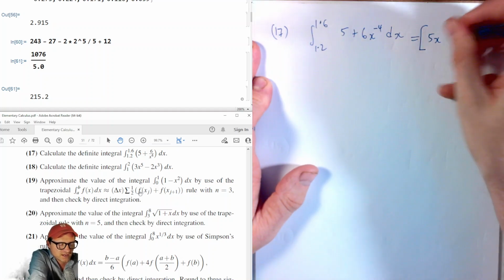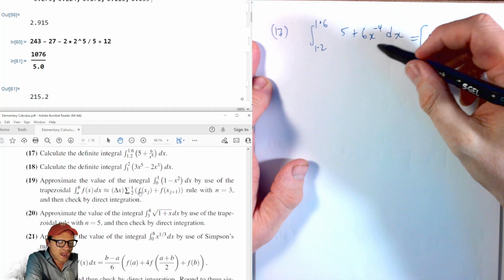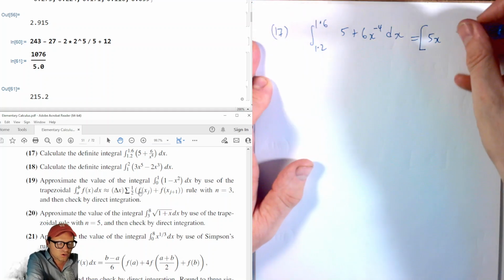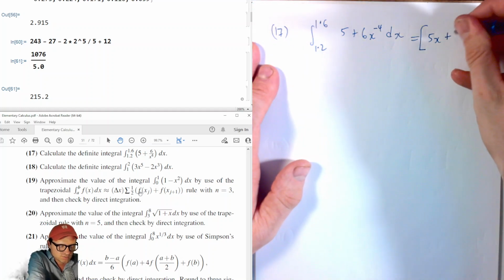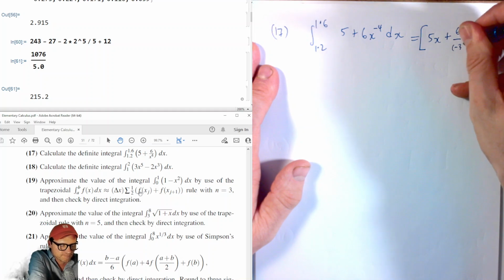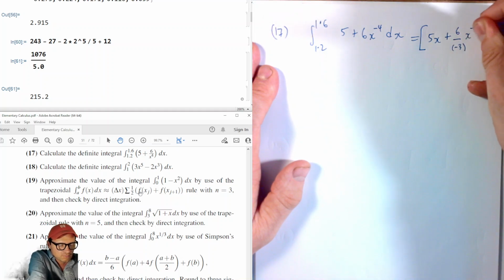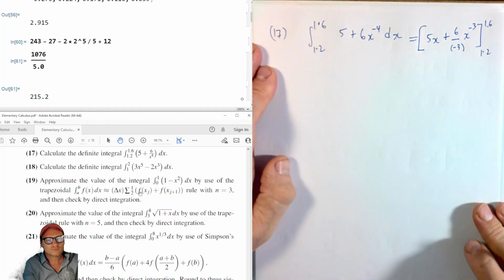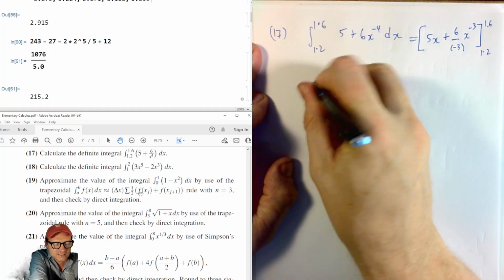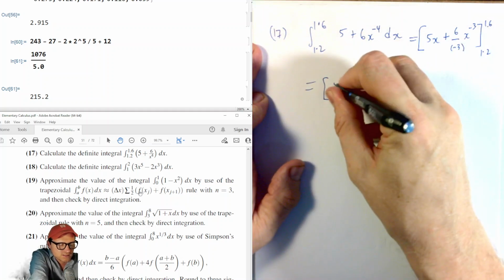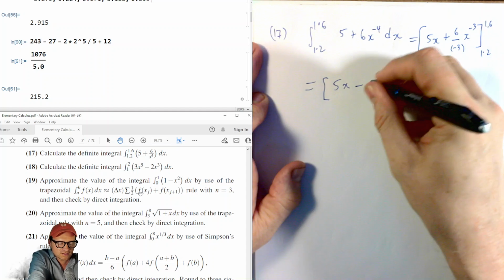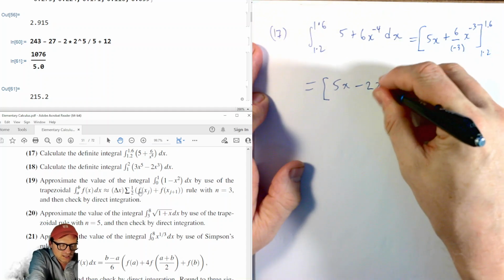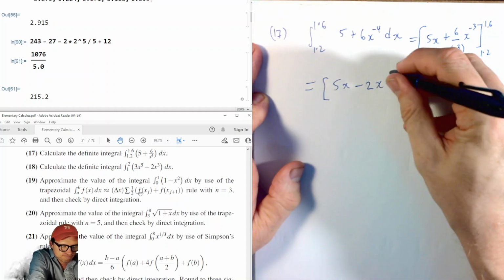So we have 5x. Adding 1 to the exponent minus 4, we get minus 3. So it's plus 6 over minus 3, from 1.2 to 1.6. Okay, let's simplify that. So 5x minus 2x to the minus 3.